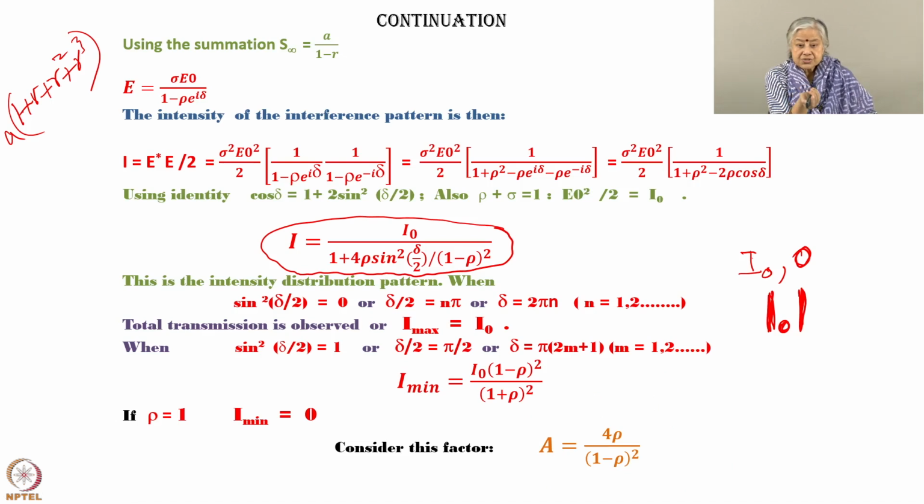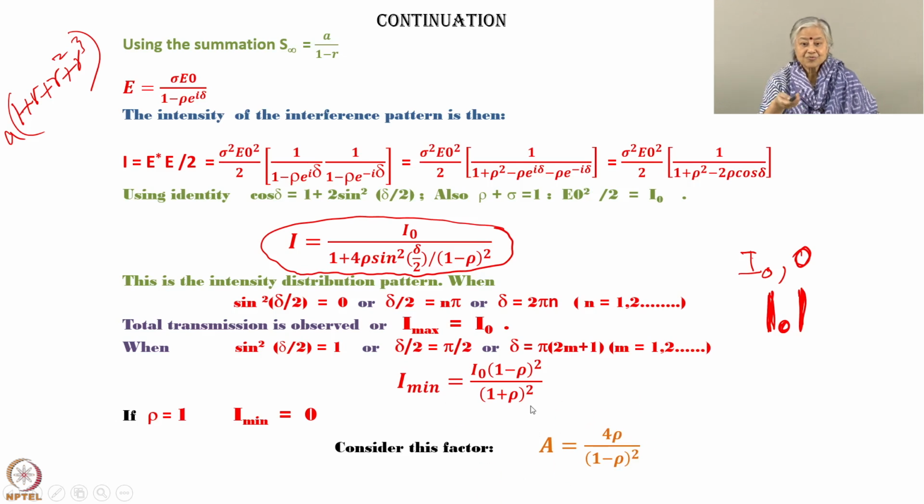If you introduce this factor, that means if you write A here, this equation looks much simpler. This itself is a simple equation, but again this will make it look simpler. But this factor has a very important consequence.